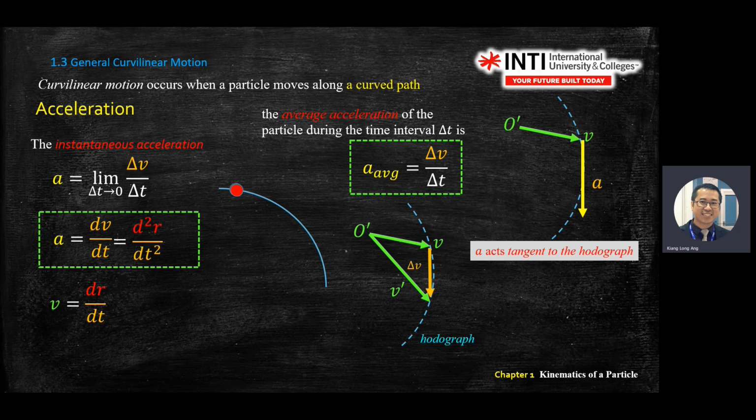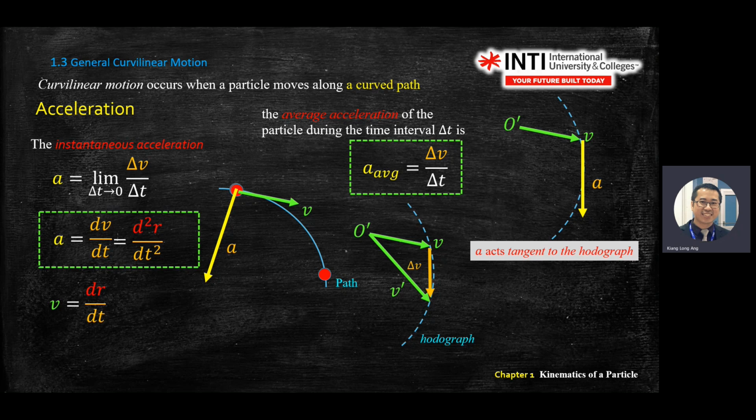Okay, so here, this is a path, blue color, and you have a path, V, and acceleration. V is tangent to this path. Acceleration always points towards the inside of the curve. There are two different diagrams on the screen here.